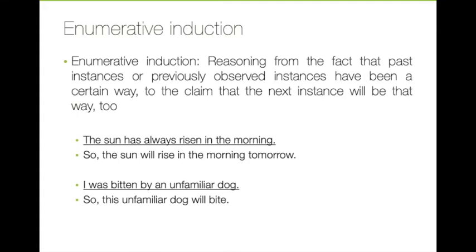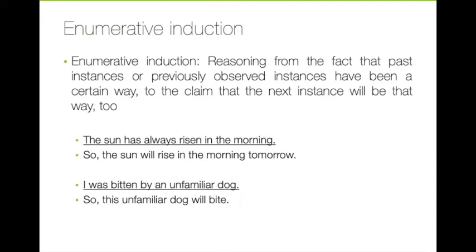Enumerative induction is the most basic type of inductive argument. In this form, we reason from the fact that there's been a past instance or a previously observed instance with certain features to the claim that the next instance will be the same way. So something will have the same features, something will have the same characteristics, an event will be similar.